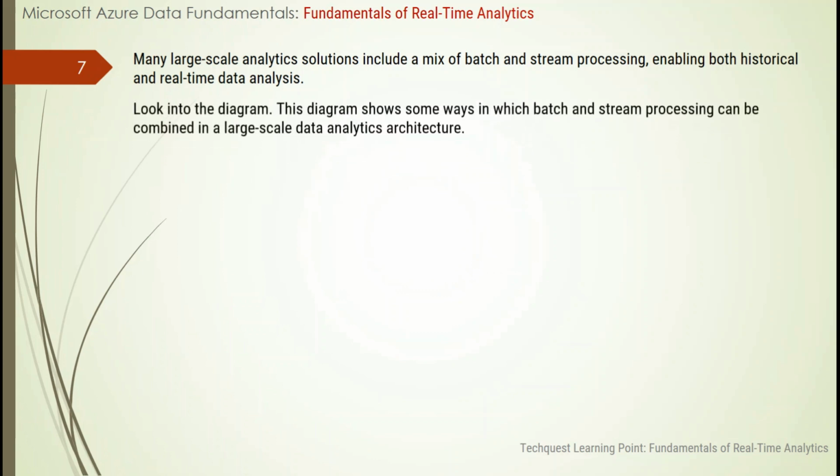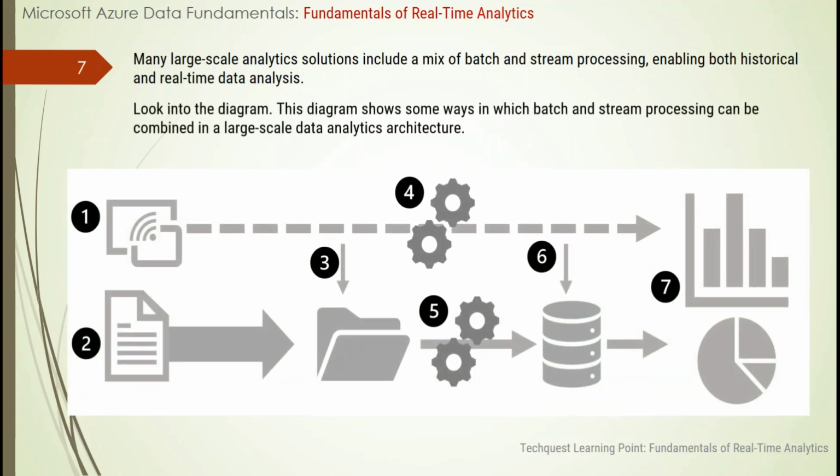Look at the diagram. This diagram shows some ways in which batch and stream processing can be combined in a large-scale data analytics architecture. Number 1. Data events from a streaming data source are captured in real time. 2. Data from other sources is ingested into a data store, often a data lake, for batch processing. 3.